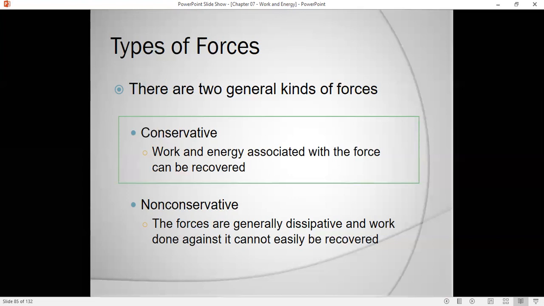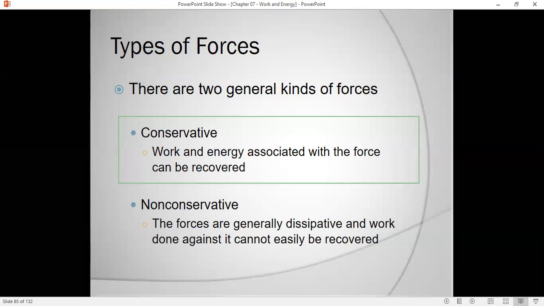They include forces like spring forces. They include other fields, electric fields, magnetic fields. These are all forces that don't depend on the path that you take, but rather depend on more or less your location. Conservative forces, you can always get that energy back.